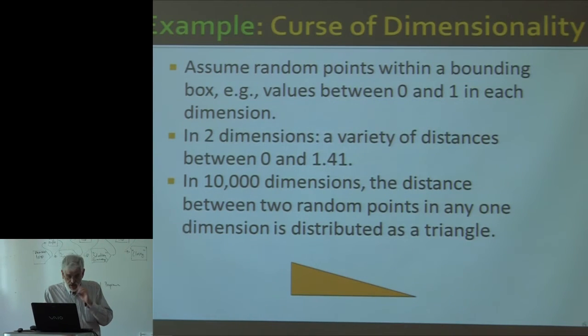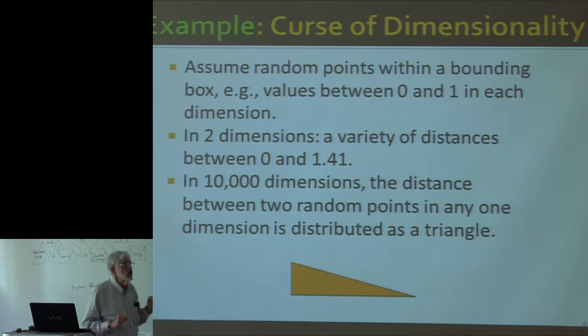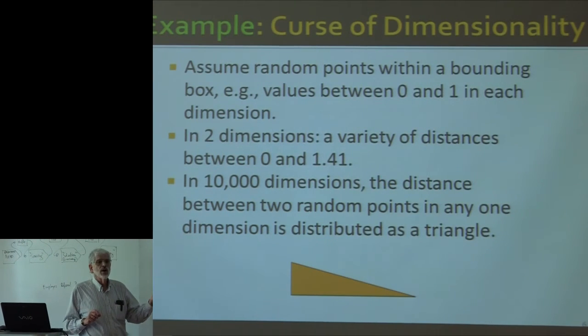Okay, now the distance between the points then is going to be the square root of the sum of the squares of 10,000 random variables, each one distributed like this.